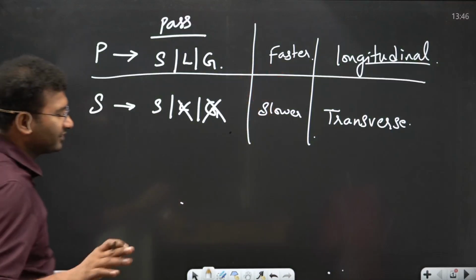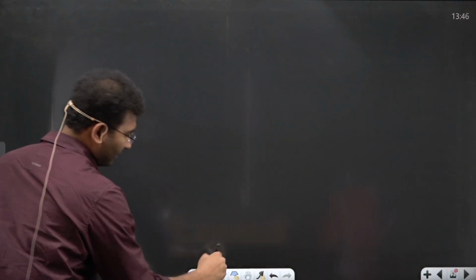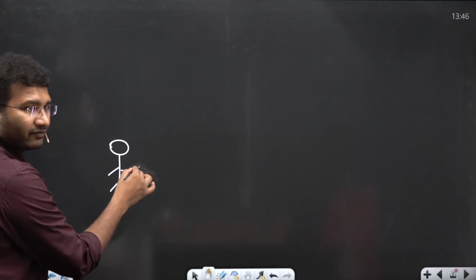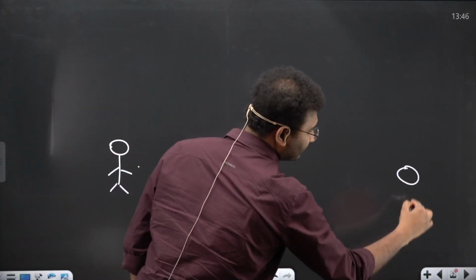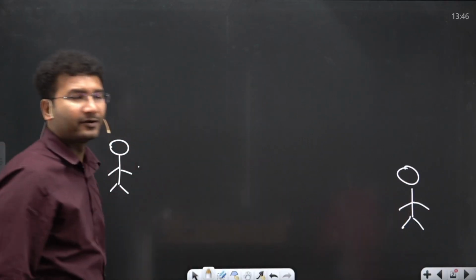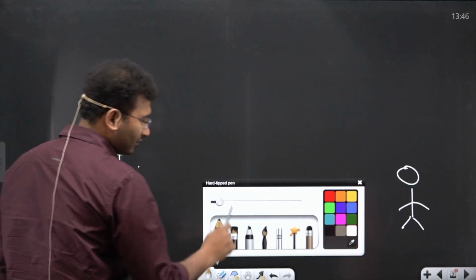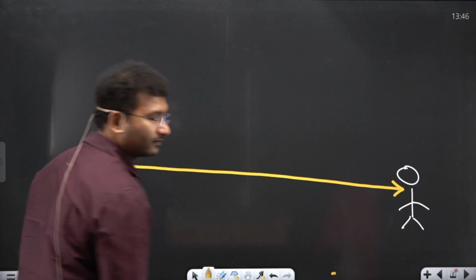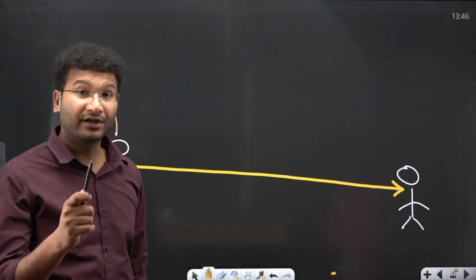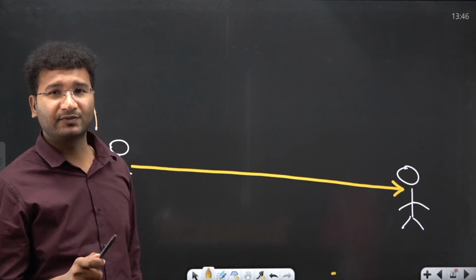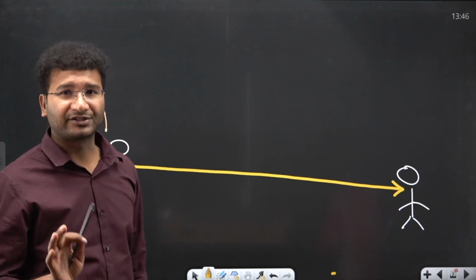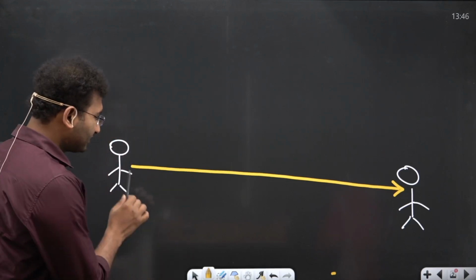Okay? Imagine that I have created a wave here. Imagine this person created a wave, and there is another person standing here. Look, the wave can travel in this direction. I am talking about direction. Don't get confused between the concept of direction and propagation.